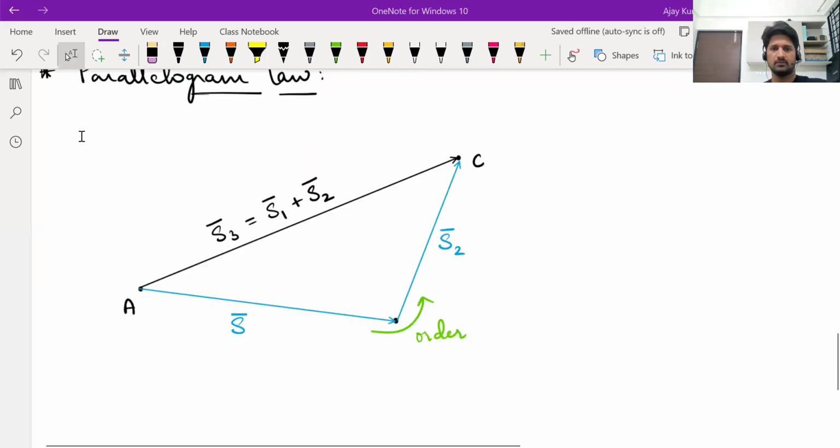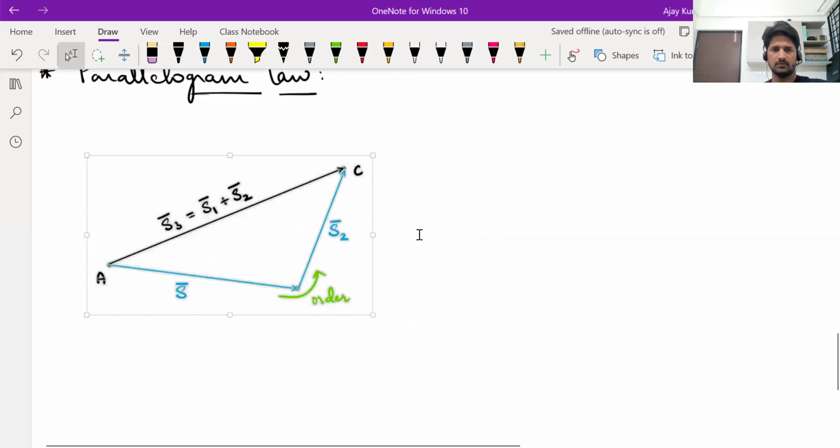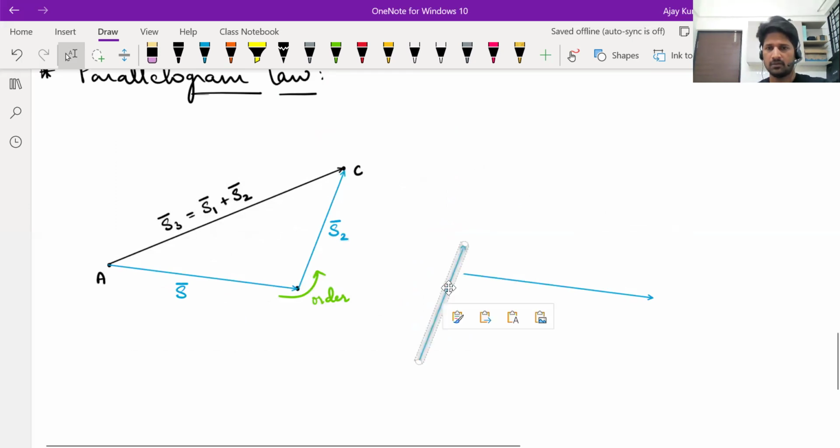Using this diagram itself, we can show it. Take one vector as one side of a parallelogram. Take the other vector as another side of the parallelogram, but with the tail being at the same point.